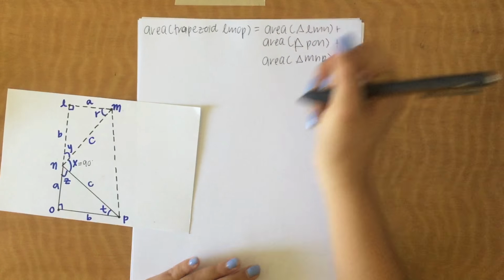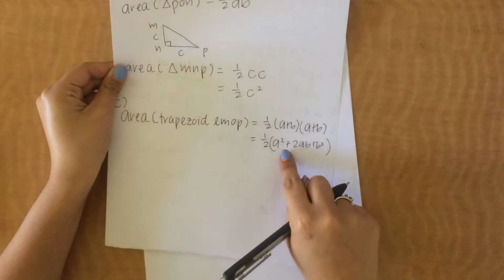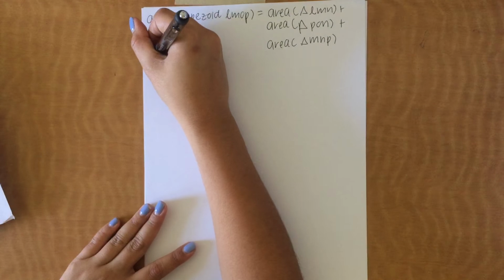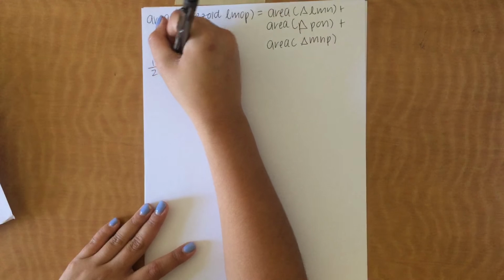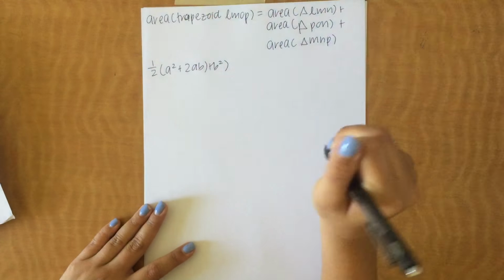Okay. So the area of the trapezoid was 1/2 (a squared plus 2ab plus b squared).